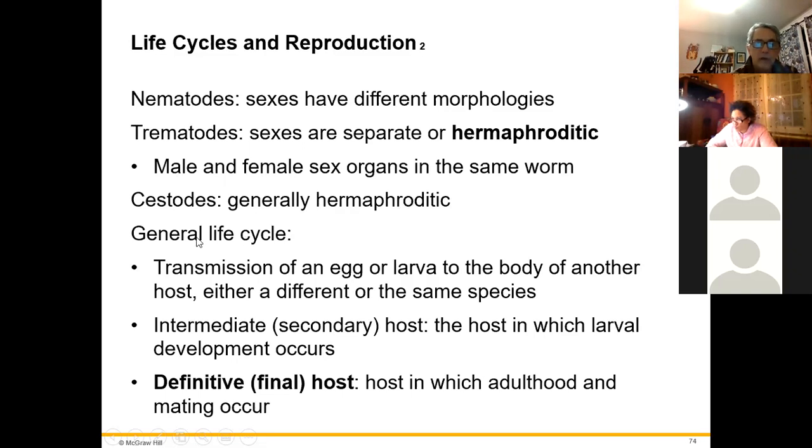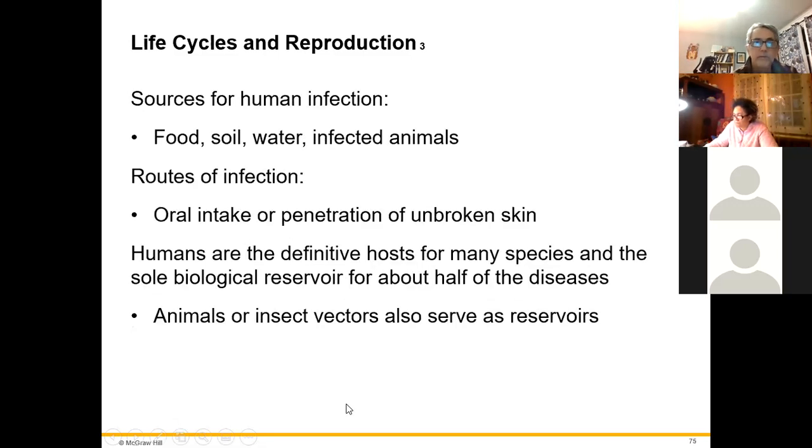The general life cycle goes from an egg or a larva to the body of another host, either a different or the same species. There's sometimes an intermediate host involved in the larval development, and then there's a final host in which the adult form occurs.